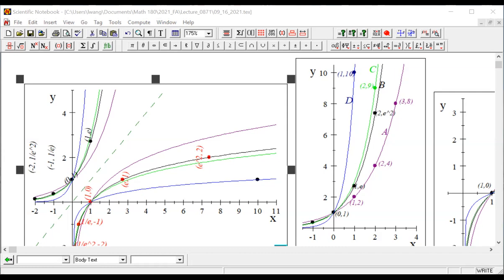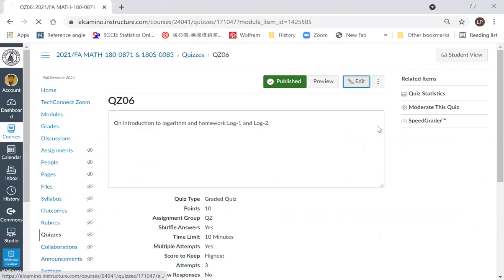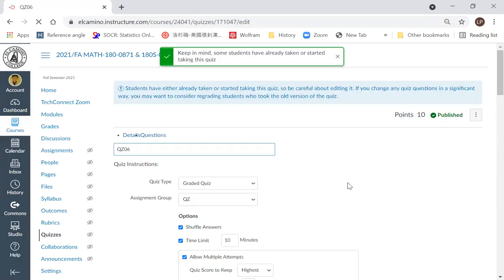I believe it was quiz number 6. Professor Roy, I had gotten that question wrong too, but then I just redid it and put 1 again, and then it marked it as correct for some reason.